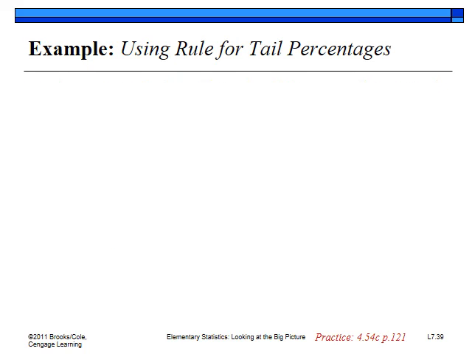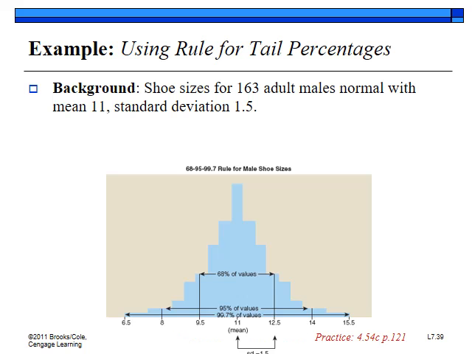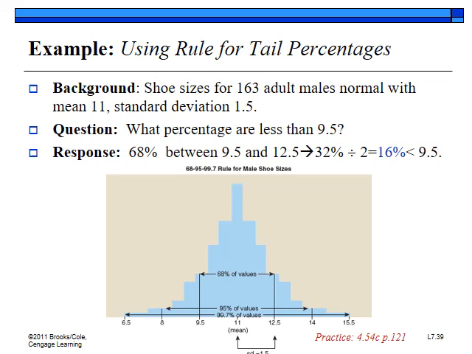We can also use this rule to estimate percentages in the tails. Again, with the same data set, what if we want to know what percentage fall less than 9.5? We know that 68% fall between 9.5 and 12.5. That's in this range. But we're interested in what comes to the left, less than 9.5.